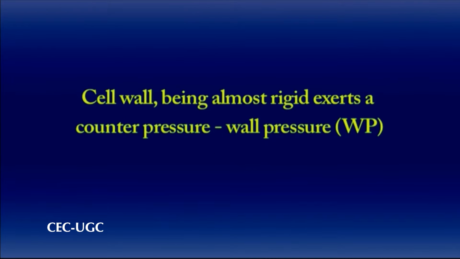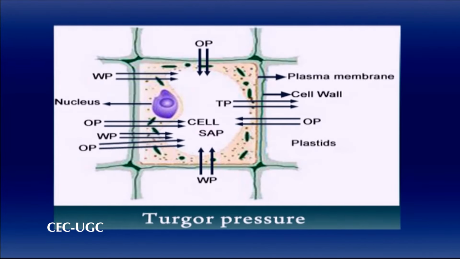The cell wall, on the other hand, being almost rigid, exerts a counter pressure known as wall pressure. This is the image showing the relationship of osmotic pressure, turgor pressure and wall pressure. The actual pressure exerted by the protoplasm of a turgid cell against the cell wall is the turgor pressure.